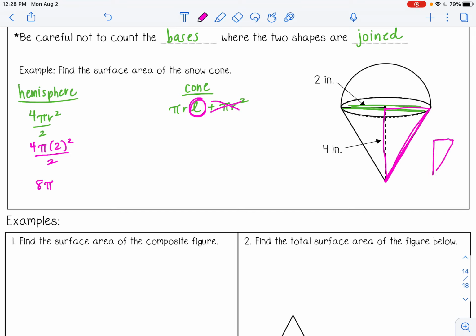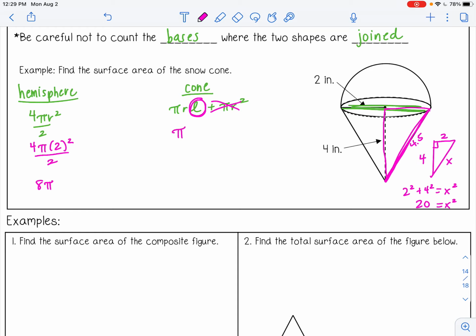It's a right triangle. Let me draw it a little better. So this is 4, this is 2, and we want to find this. We can use the Pythagorean theorem to do that. So 2 squared plus 4 squared equals x squared. That would be 4 plus 16, that would be 20 equals x squared. Take the square root of that, and that is about 4.5.